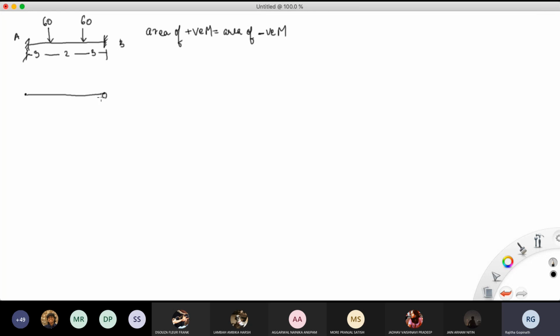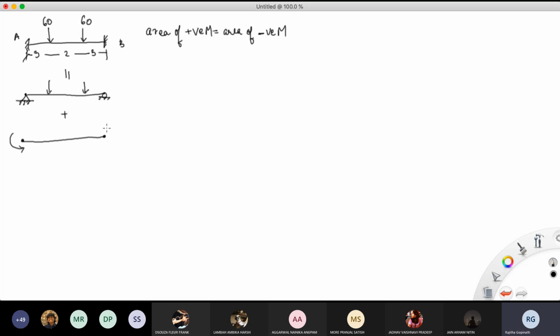Okay, this is a simply supported beam. So let's split this as a simply supported beam with this load 60 and 60, and let's assume so this is equal to this beam plus this beam where जहाँ पे आपने negative moment induce किया है.